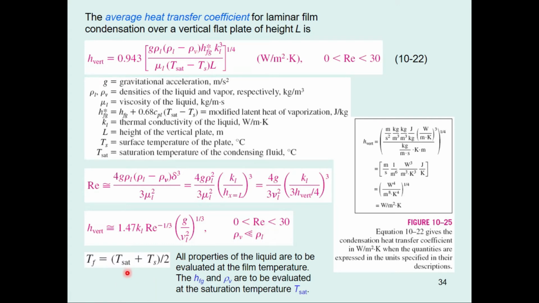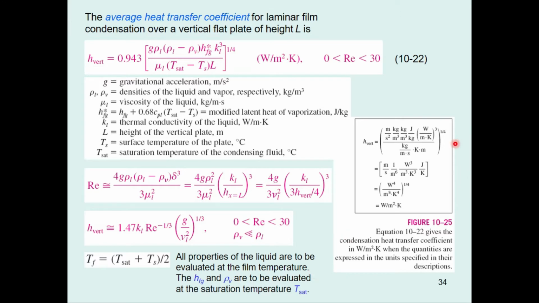To determine the liquid properties, as I explained in the previous slide, determine all the properties of the liquid at the average temperature of the surface temperature and the saturation temperature. The latent heat of vaporization and the density of the vapor must be determined at the saturation temperature.